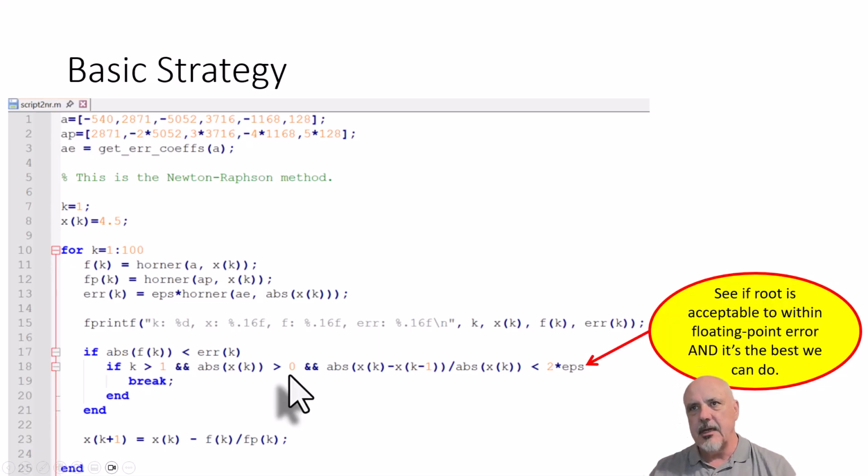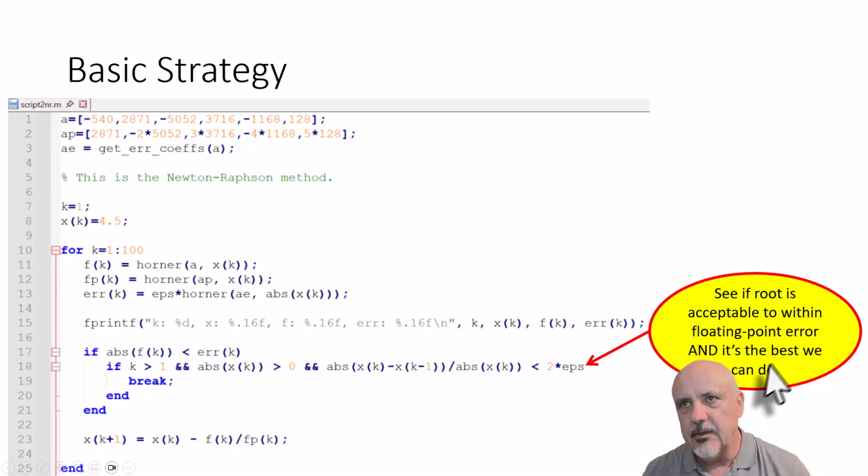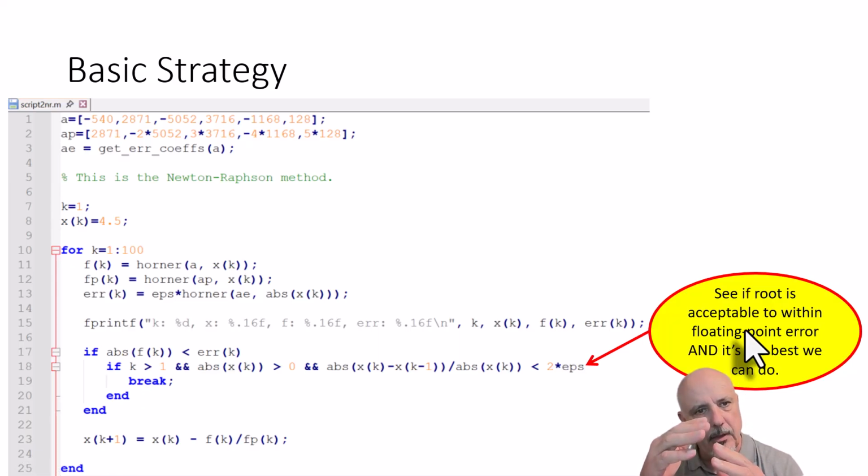So the multiple criteria here are that the x is a root to within floating point round off, and also that as we're searching, the x isn't changing. Okay, so those are the two criteria.